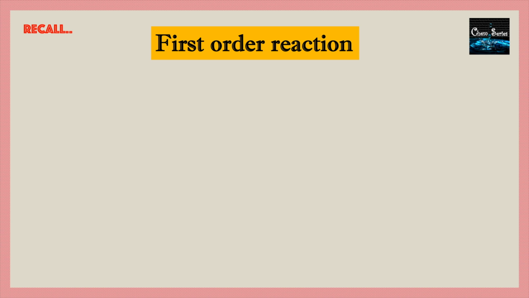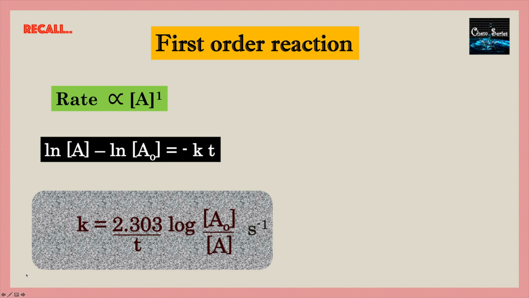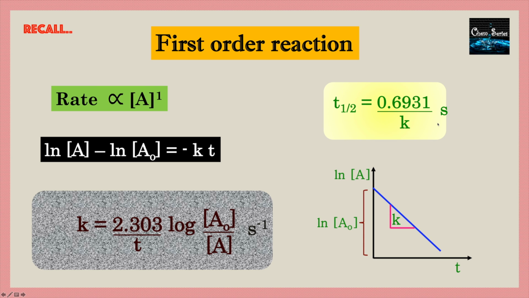Okay, so this is the rate law that we previously discussed, and this is the integrated rate equation. This is the equation of the rate constant, that is k is equal to 2.303 divided by t log A naught by A. Second power minus 1 will be the unit. And this is the t half of a first order reaction, that is 0.693 divided by k. And this is the graph of a first order reaction.